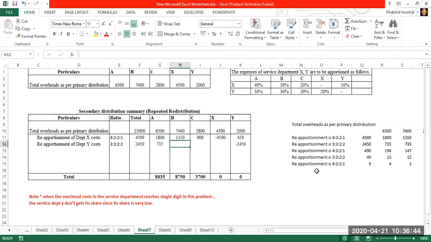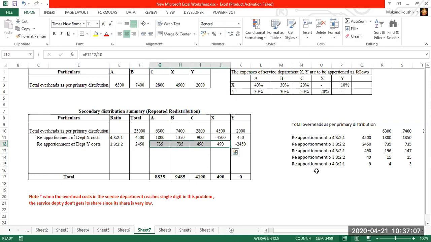Then for department B also it will be 2450 into 3/10. Then for department C it will be 2450 into 2/10. Then for department X also 2450 into 2/10. So this is how we have to do the allocation.